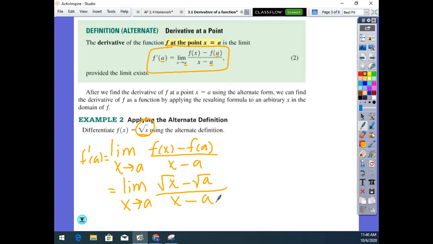All right, now at this point, this is where it gets a little math sneaky, and you have to remember some of your pre-calc. In order to fix this, I'm going to multiply top and bottom by the conjugate of the numerator.